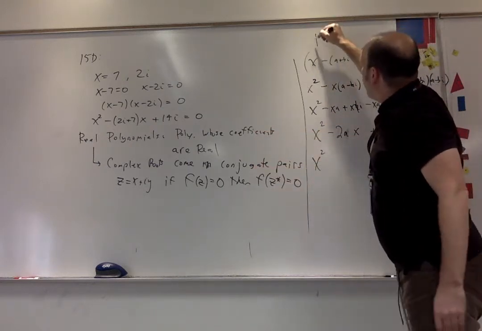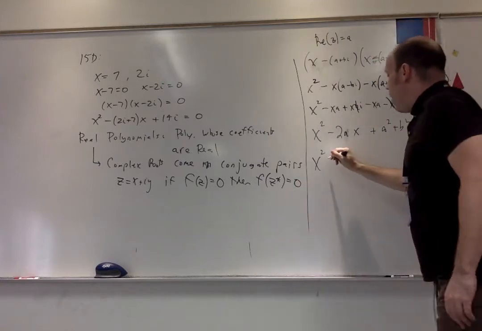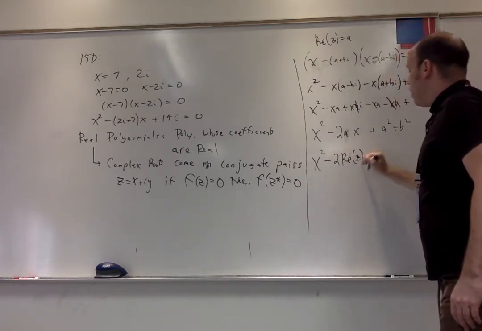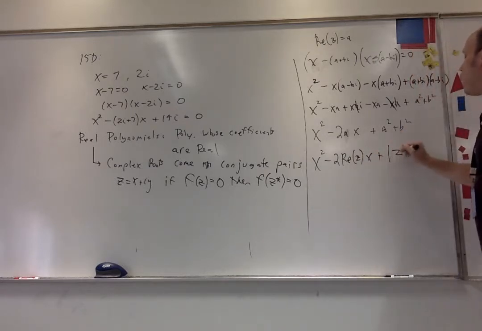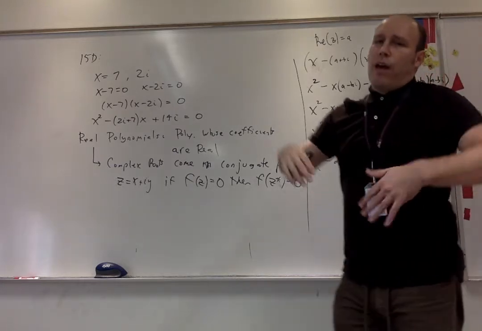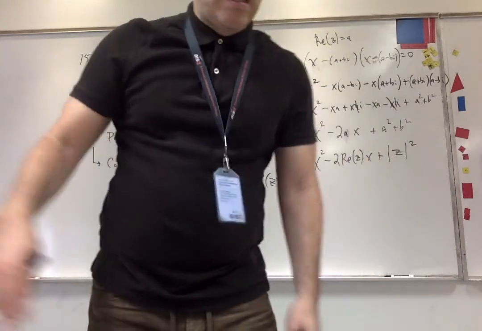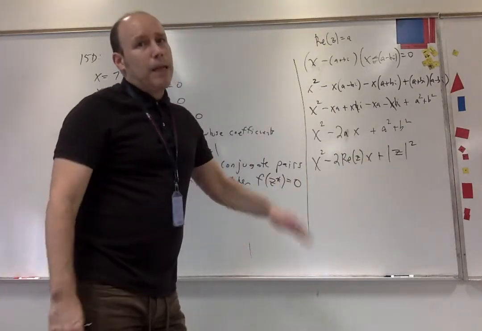The real part of z is a. So they write x squared minus 2 times the real part of z, x, plus, what's this? It's the modulus squared. And then the unit asks you to go through this exercise. And this is how the unit is. I'm not a big fan of this, so I'm going to teach you something a little bit faster.